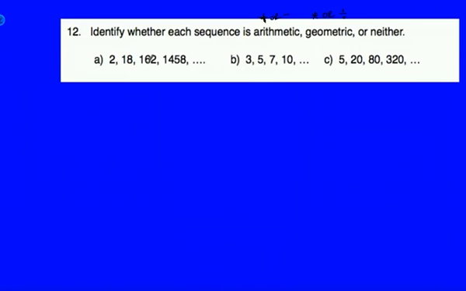To get from 18 to 162, you have to multiply by 9. And to get from 162 to 1,458, you would multiply by 9, which makes this a geometric sequence.